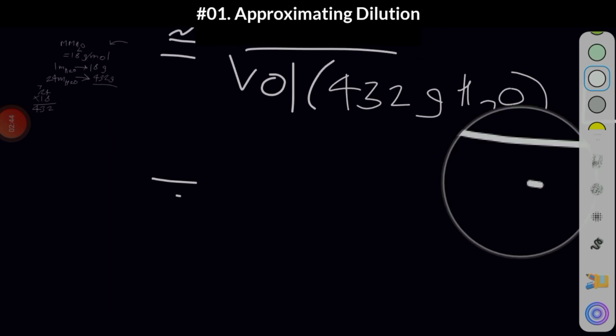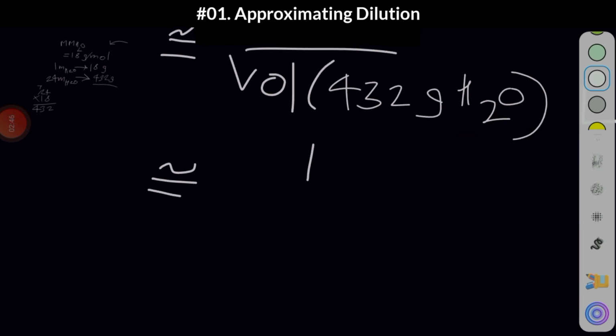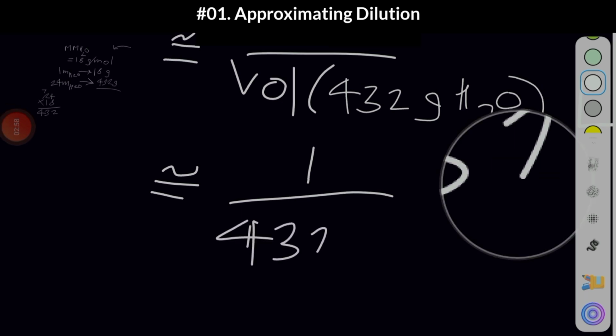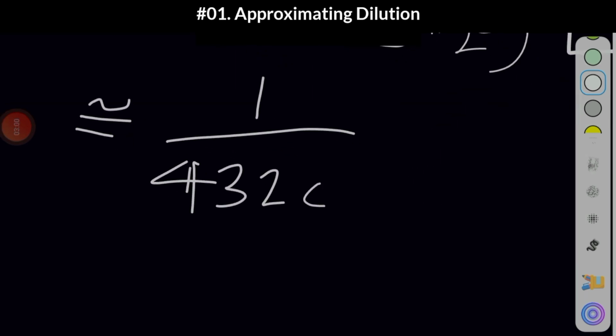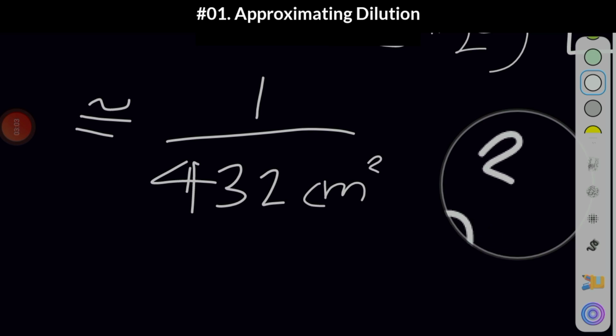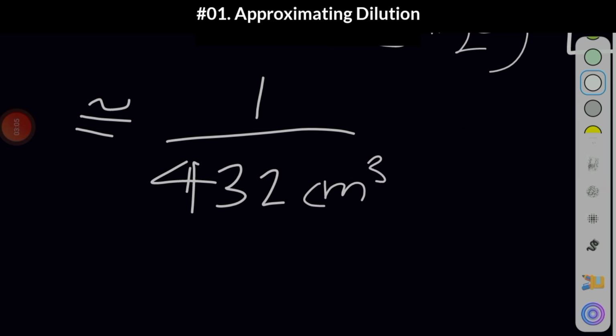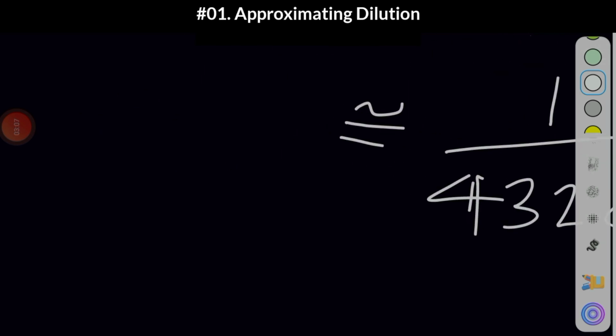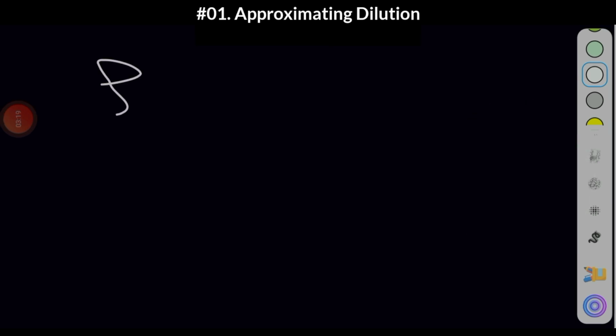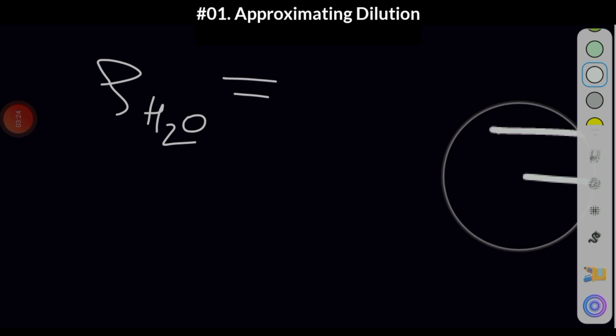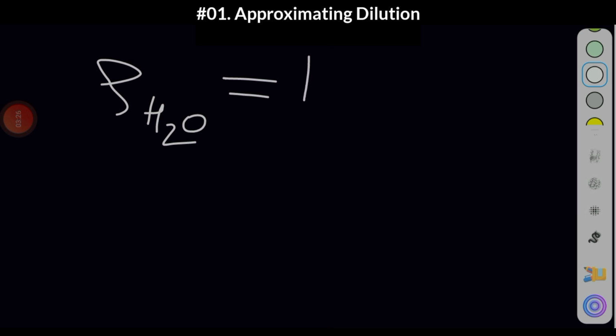Fantastic. Let's go ahead. This is equal to 1 over 432 centimeter cube. Now what does this mean? Let's explain. We are given in the question, and we also know, that the density of water at standard temperature and pressure is equal to 1. What is this 1?